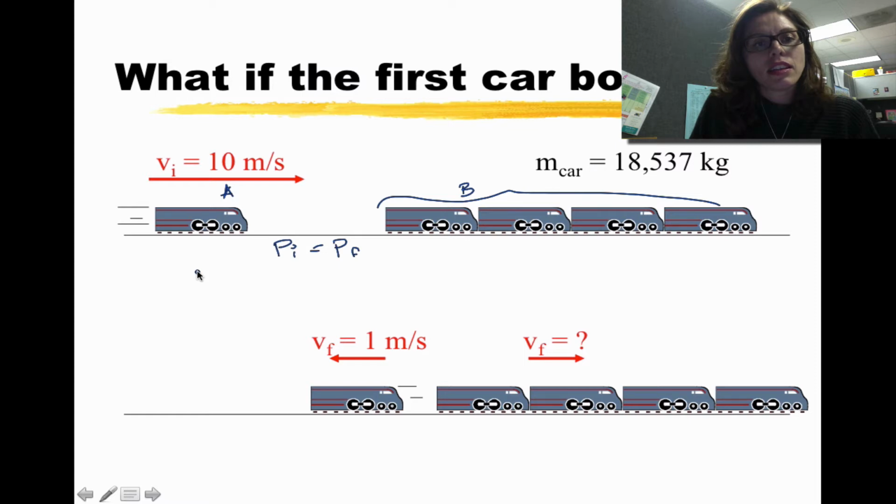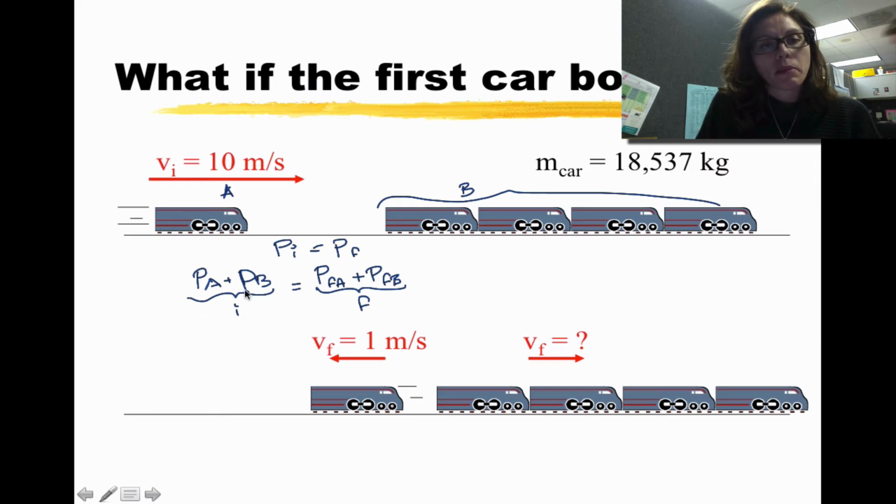So P initial is P initial of A plus P initial of B, and the momentum final is P final of A plus P final of B. So notice we kept these separate this time because they're not hooked up together anymore. So initially, these cars aren't moving, so this would be a 0.